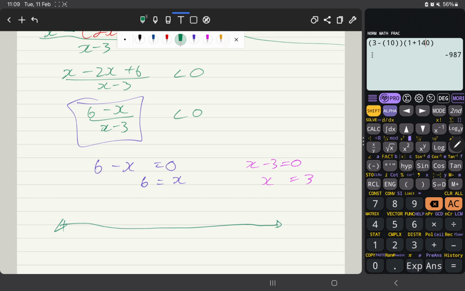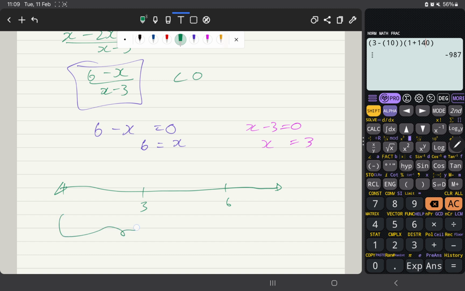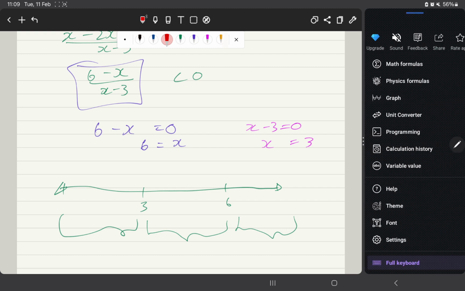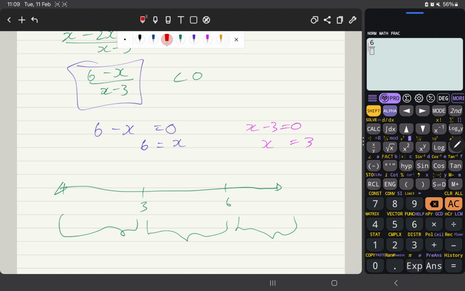So from this time, you can just draw your number line. You have 3 here and you have 6 here, and we're going to try and substitute the values and see what we get. So now you have your fraction, of course. You have 6 this side, and this side you have minus 3.